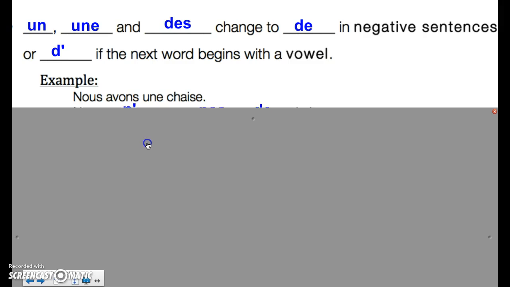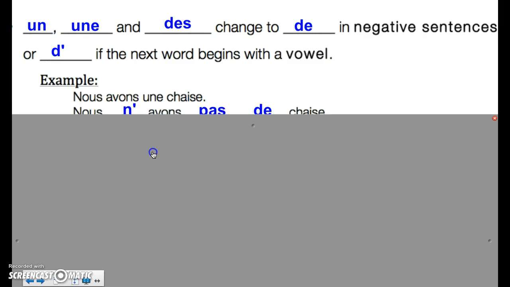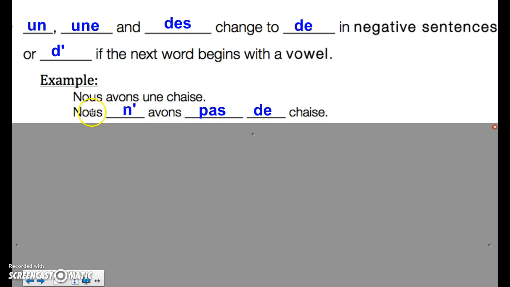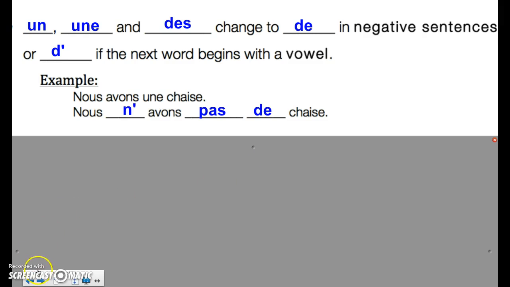So an example of this would be to say nous avons une chaise, which means we have a chair. And if I want to say we don't have a chair, I need to change that to say nous n'avons pas, right? I make my ne pas sandwich around my verb, and then I have to change this article here to become de. So nous n'avons pas de chaise. And that's all you need to know about negatives.